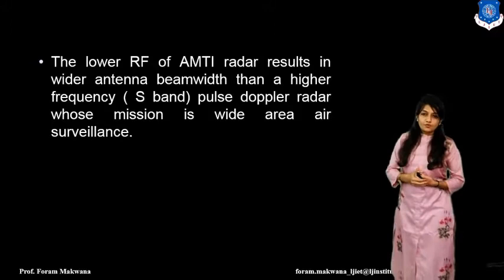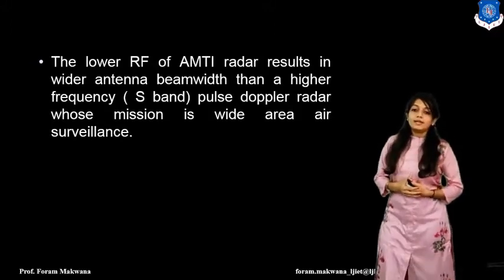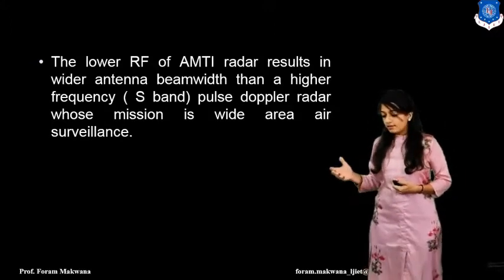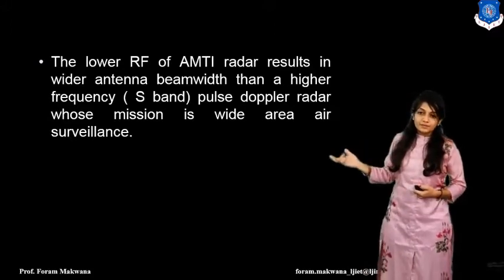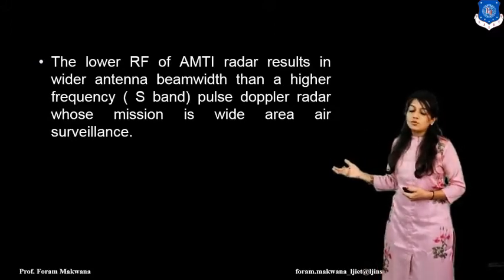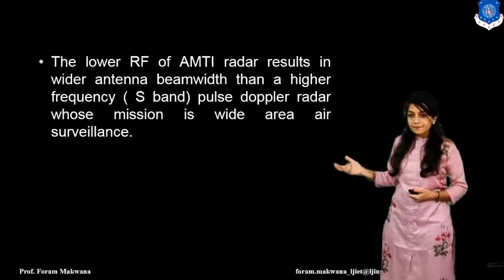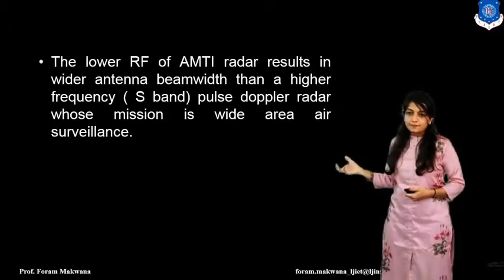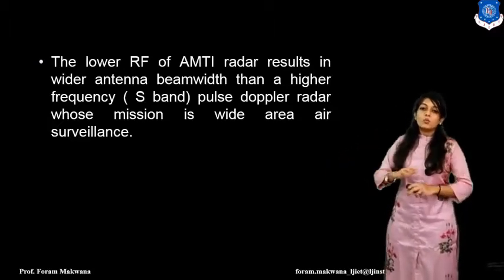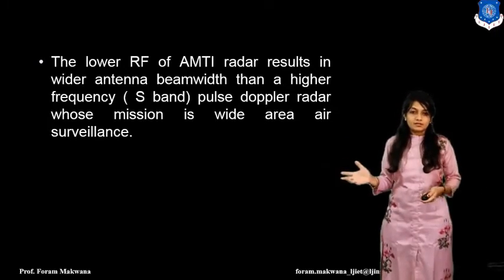The lower radio frequency of airborne AMTI results in a wider beamwidth than the higher frequency, if you use the S band for the pulse Doppler radar, whose mission is wide area air surveillance.